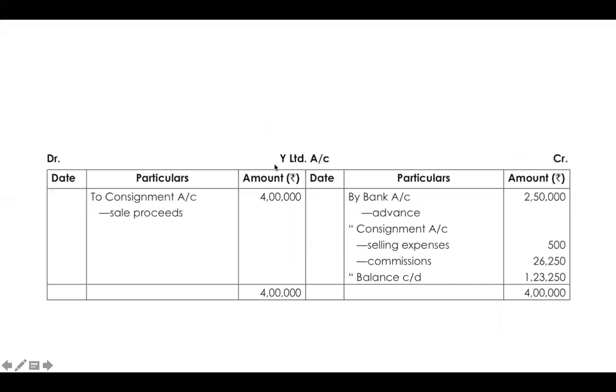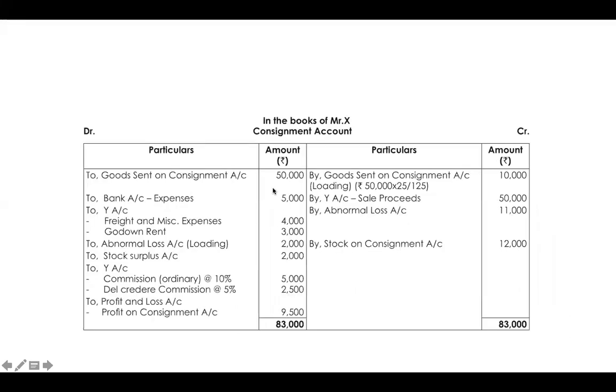In the books of the consignor, don't get confused. This Y Limited, which is the consignee account, is in the books of the consignor. So consignee sales 40,000, sale proceeds.